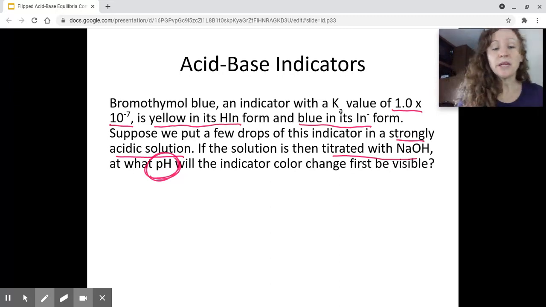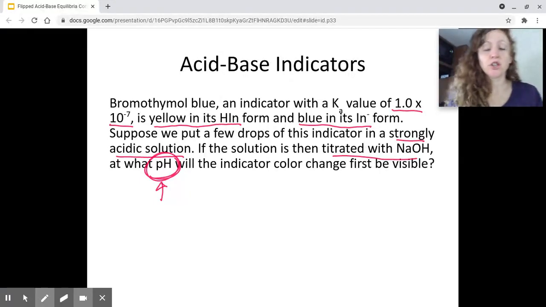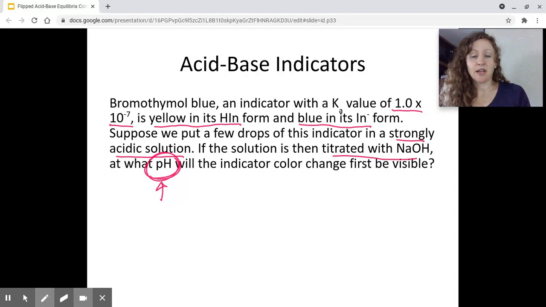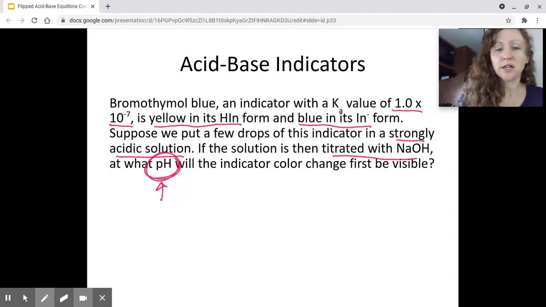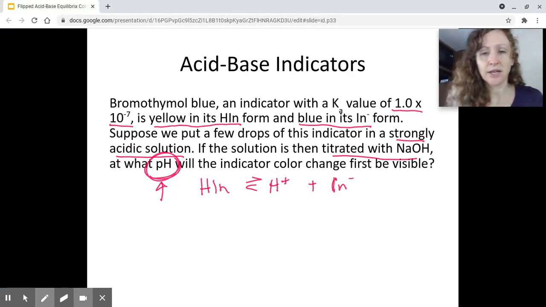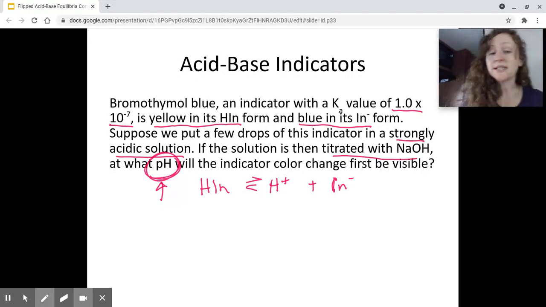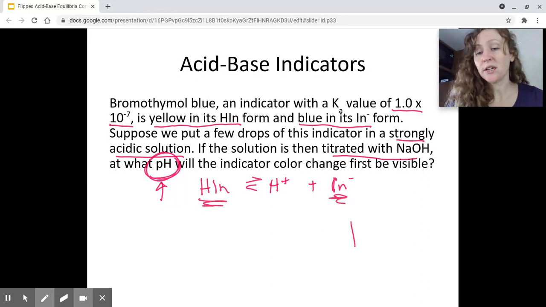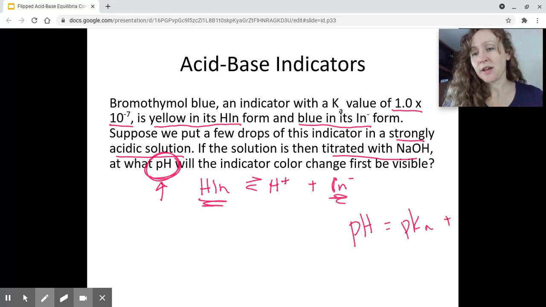Okay, so we're being asked about pH, right? And the pH is for this reaction between HIN and the IN minus form. Notice it's an acid with its own conjugate base. So we here can use the Henderson-Hasselbalch equation. We have the acid and its conjugate base present.